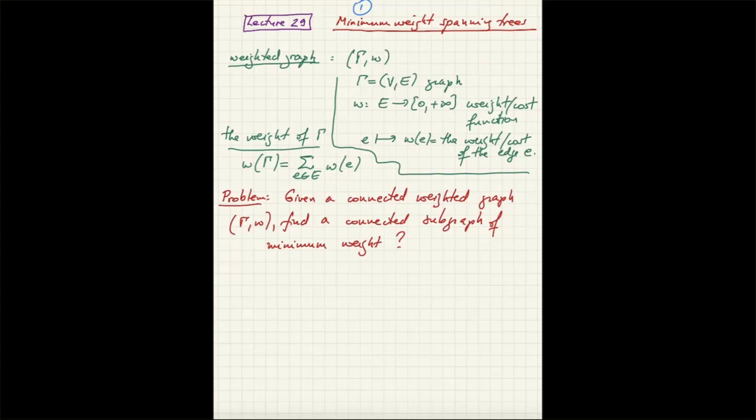You could have the situation in which the graph gamma is the complete graph Kn. Well, before we go to that, first, because the graph gamma is connected, that implies that we're looking for a connected subgraph of it of minimum weight, and the weights are non-negative.